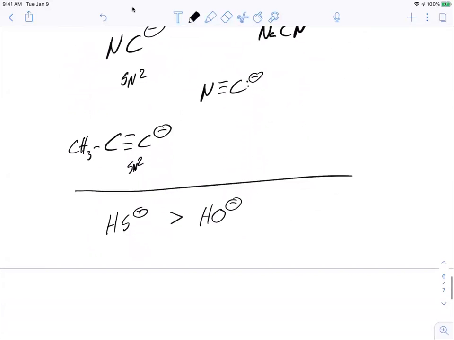Sulfur nucleophiles are really good nucleophiles, whether that's the deprotonated thiolate or the hydrogen sulfide. Those are going to be good nucleophiles. Again, what we're looking at is the availability of electron density.